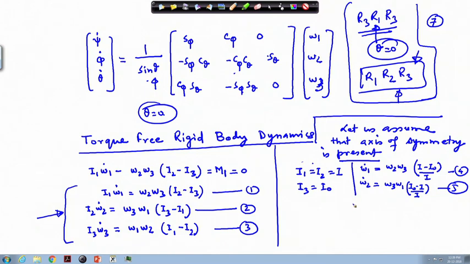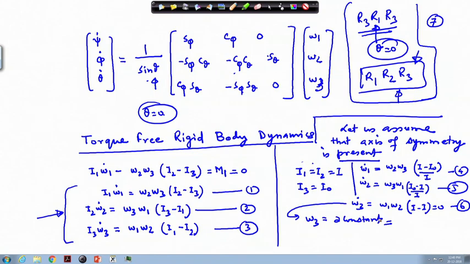Similarly, omega 3 dot gets reduced to omega 1 omega 2 times (I1 minus I2), and I1 and I2 are both equal to each other, so this vanishes. So I minus I equals 0, so omega 3 dot equal to 0. So directly from this place what we get is that omega 3 is a constant.